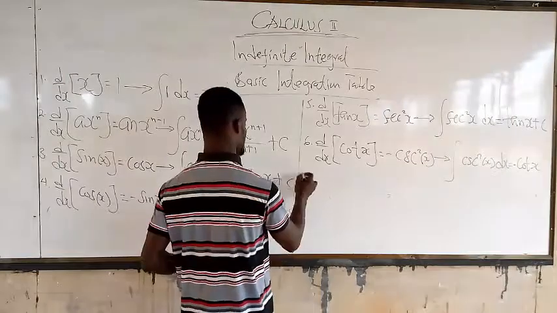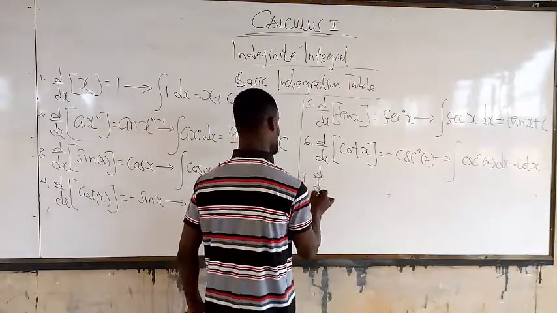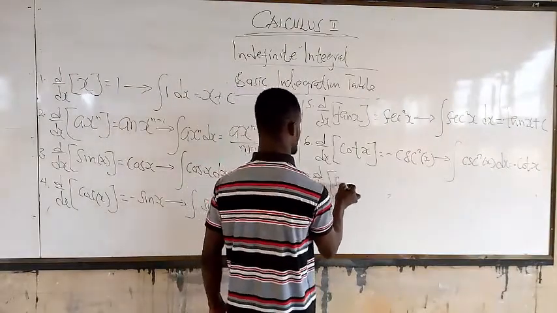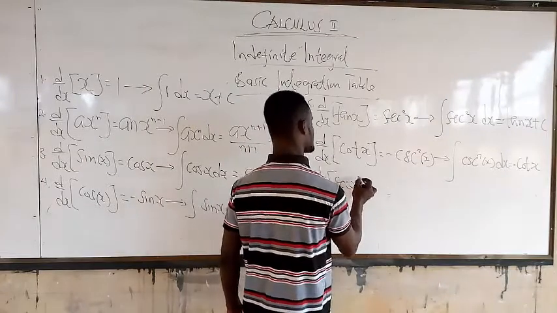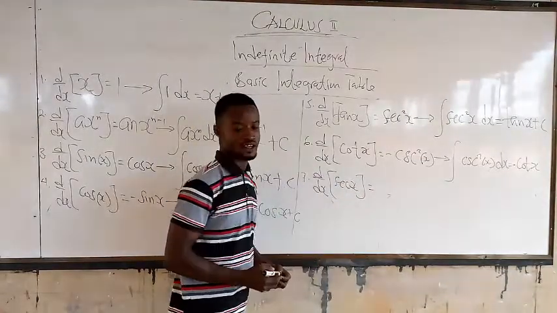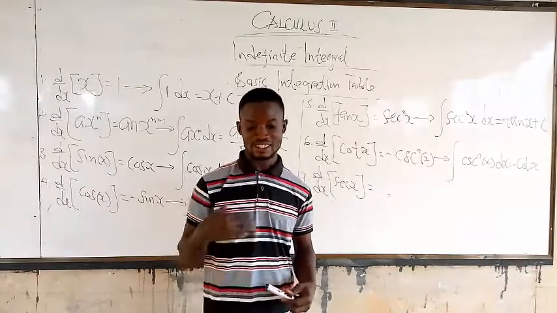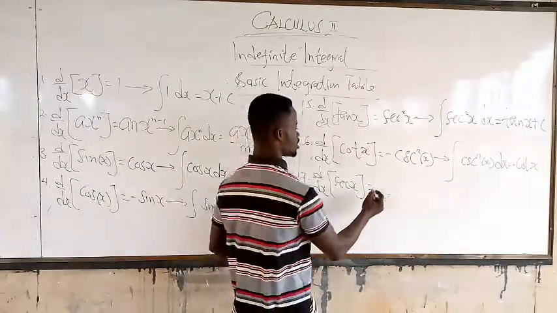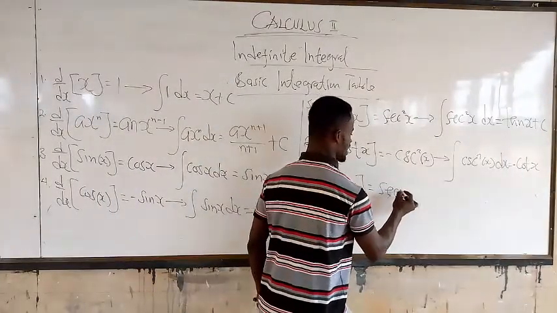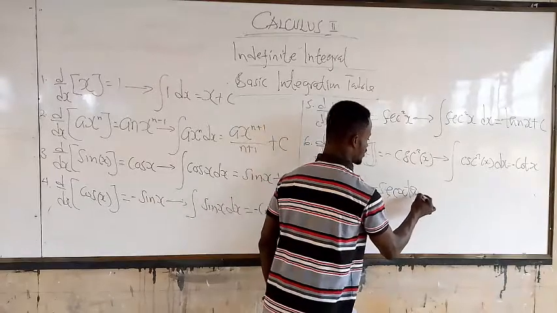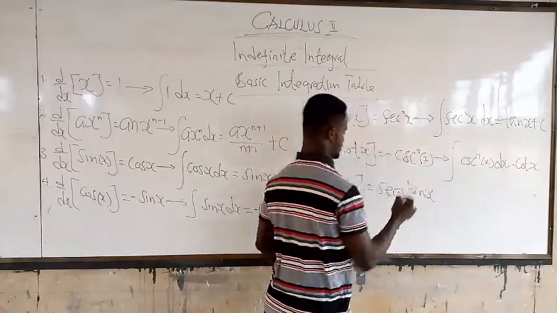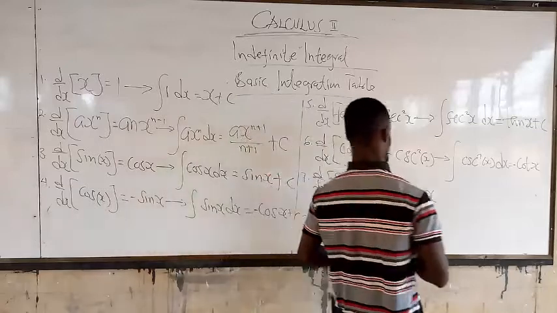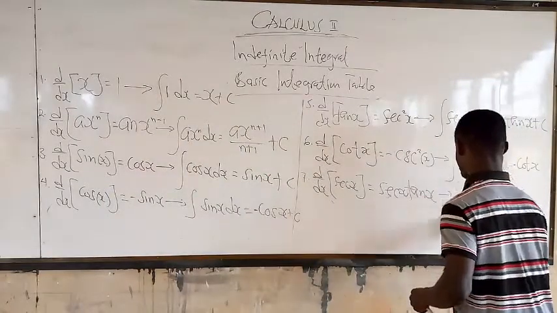Sec 7. When you differentiate sec x, you get sec x tan x. Beautiful. The reverse process will work.